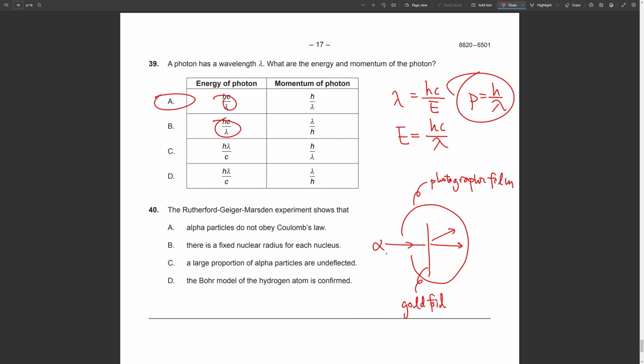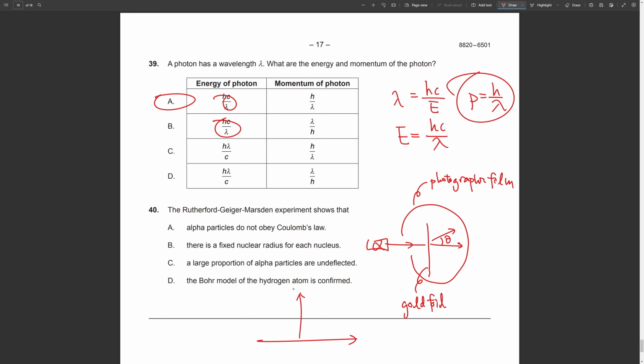Question 40. There is a Rutherford Geiger-Marsden experiment, and it's a beam of alpha particles sending towards a thin gold foil. After passing through the thin gold foil, is spread out, is scattered in a specific manner. It is scattering at a certain angle, and the intensity of the alpha particle is not distributed randomly.